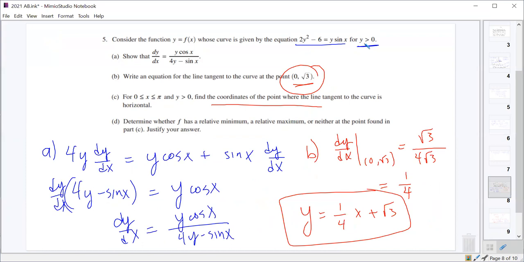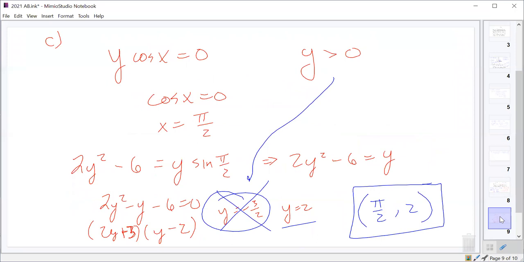Tangent line on the... I don't know, what do you mean? Okay. You sure you're good? Okay.